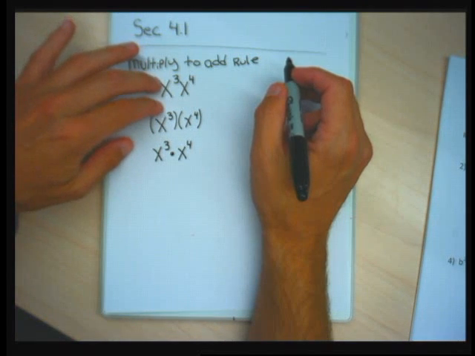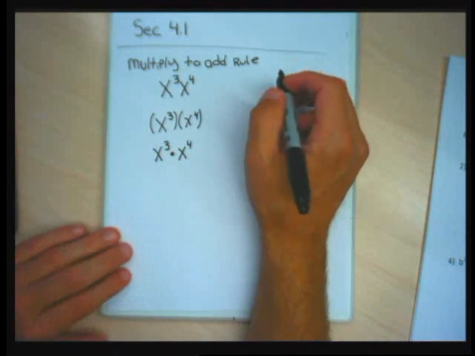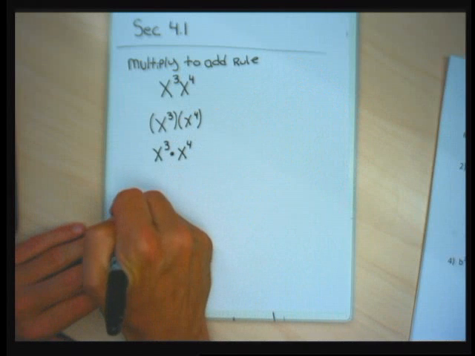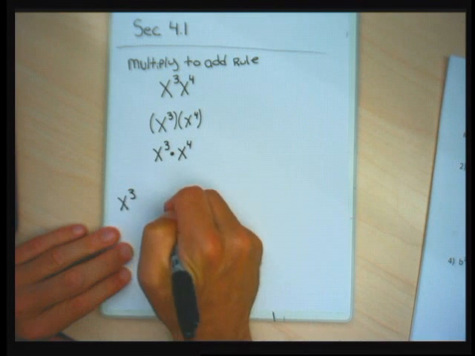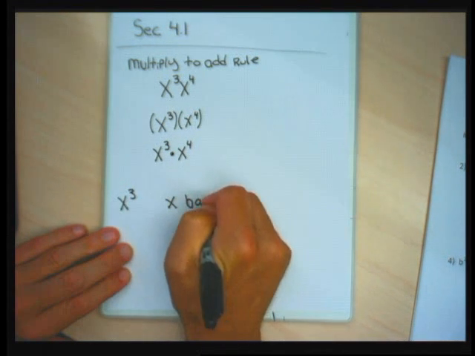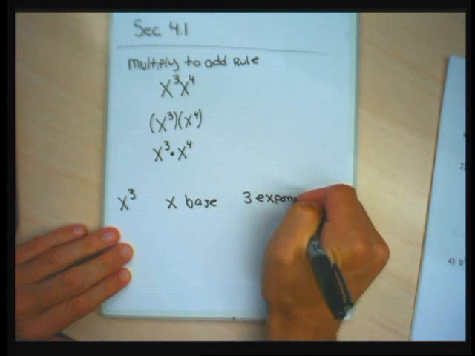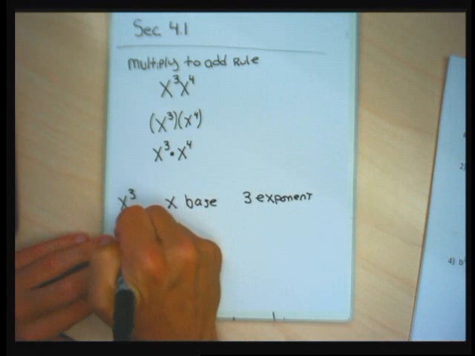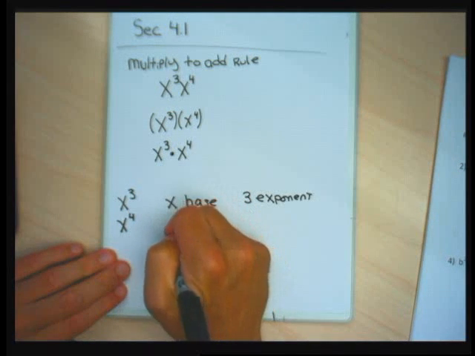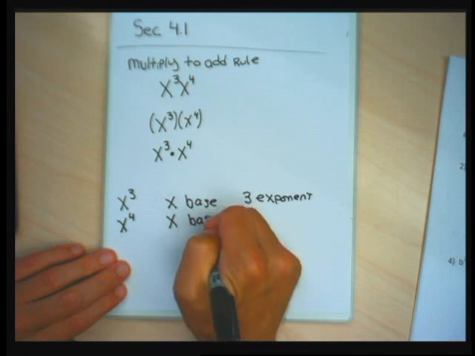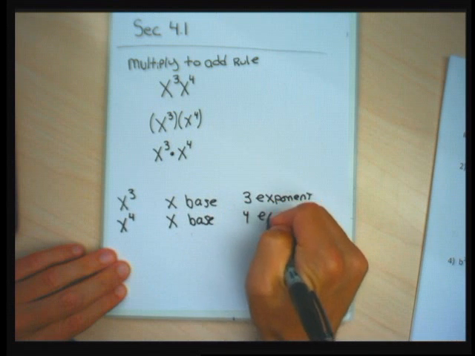I'm multiplying an x cubed times x to the fourth, and in each one, like in the x cubed piece, the x is the base, the 3 is called the exponent. In the x to the fourth piece, the x is the base, the 4 is the exponent.